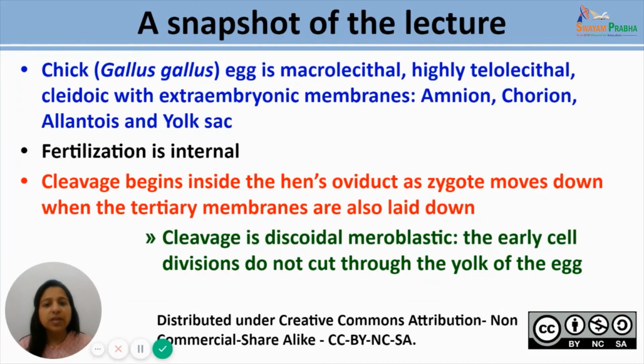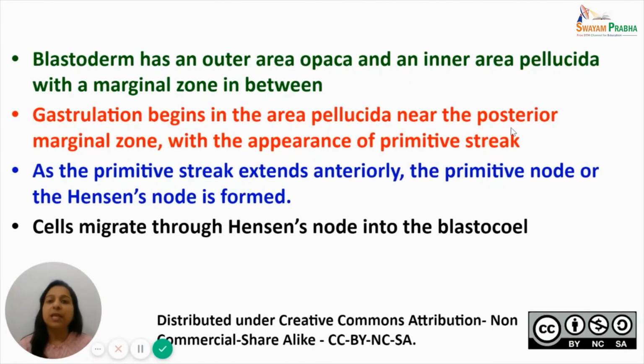The cleavage here is discoidal meroblastic in nature, and the early cell divisions are not able to cut through the yolk of the egg. The blastoderm has an outer area opaca and an inner translucent area pellucida with a marginal zone in between these two layers. Gastrulation begins in the area pellucida near the posterior marginal zone with the appearance of a primitive streak.